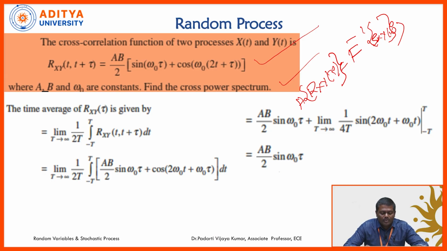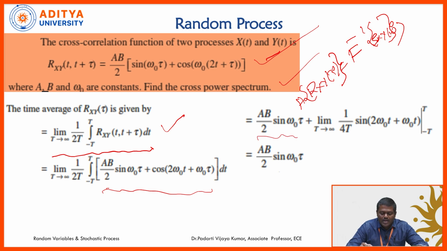So first they have given the cross correlation function, and first we are computing the time average cross correlation function. The time average cross correlation function is mathematically defined as limit T tends to infinity 1 by 2T integral from minus T to T of Rxy of t comma t plus tau dt. So substitute in the given function and do the time average.